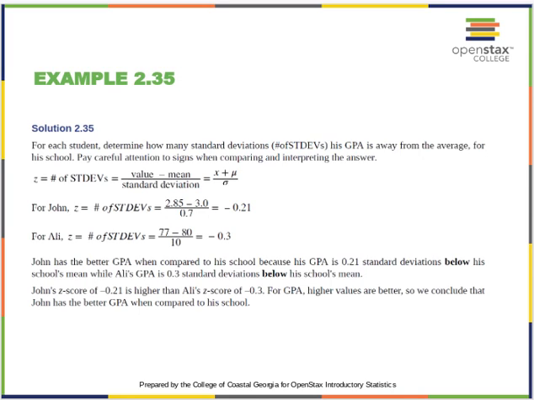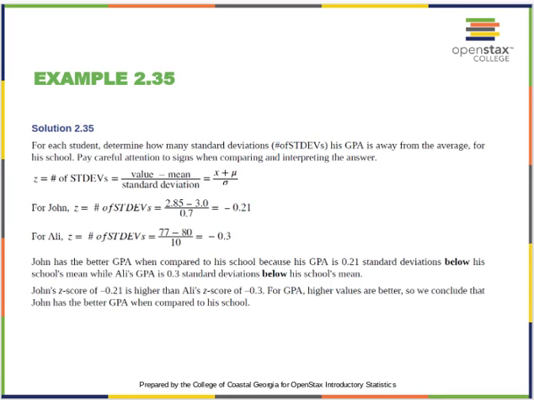Similarly for Allie, you take her individual observation value, which is 77, minus 80, which is the mean of the school, divided by 10, which is the standard deviation. And you end up with negative 0.3.